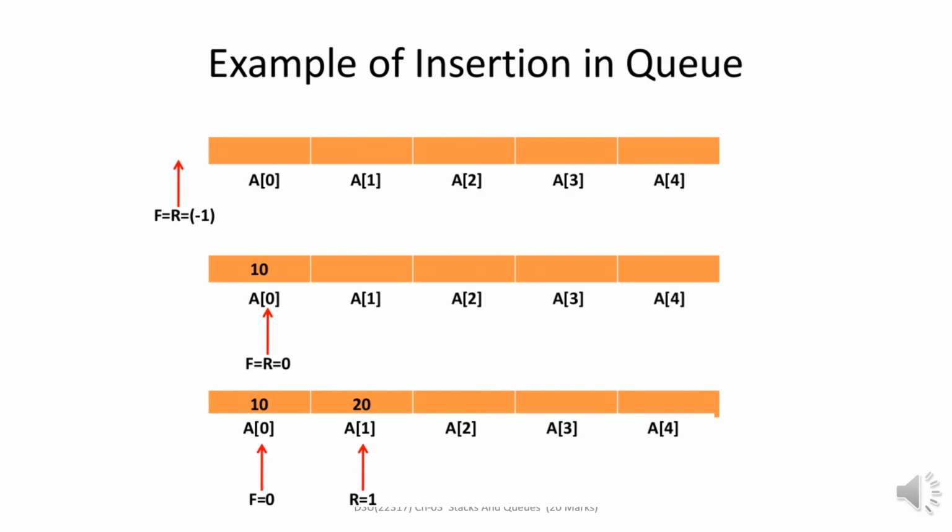That's why A of 0 is equal to 10. Again we will insert the element 20. Then rear is incremented by 1, so now rear is 0, so 0 plus 1 equals 1, meaning at A of 1 there is the element 20. Okay.